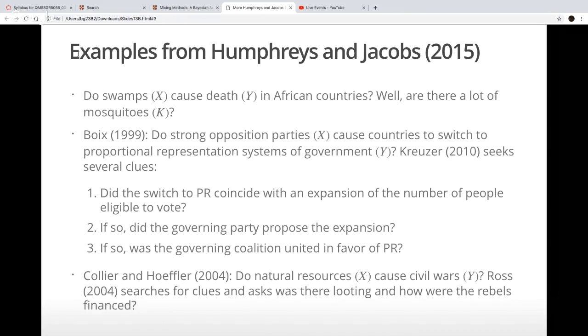And so the discipline ostensibly is left with this quandary: how to combine the fairly supportive evidence from regression with the not so supportive evidence from this process tracing, clue seeking approach. And the Bayesian method, where you just have two pieces to the likelihood, basically gives you that synthesis of evidence for you.